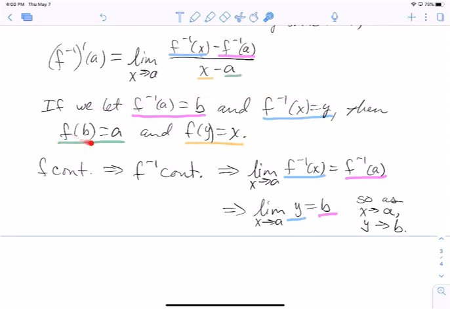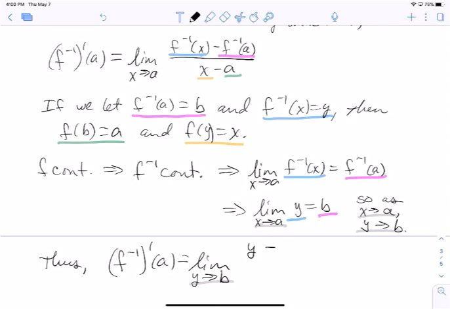So we're going to use these equations down here to replace the expressions in this limit. So f inverse prime of a is equal to the limit as y approaches b, because we have that as x approaches a, y approaches b, of y minus b over f of y minus f of b.